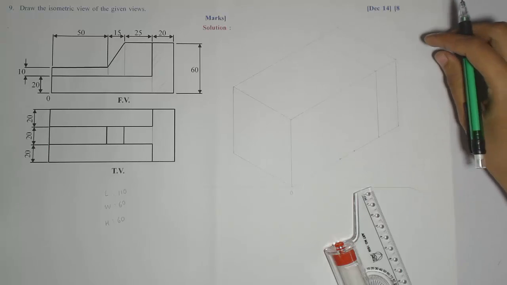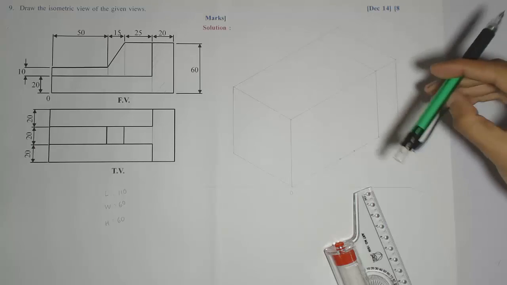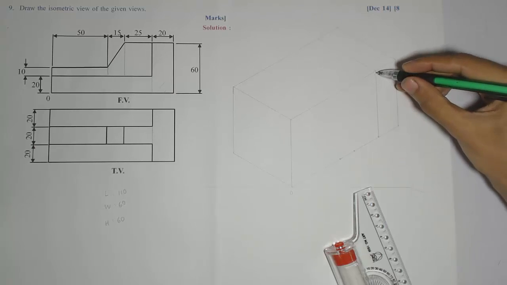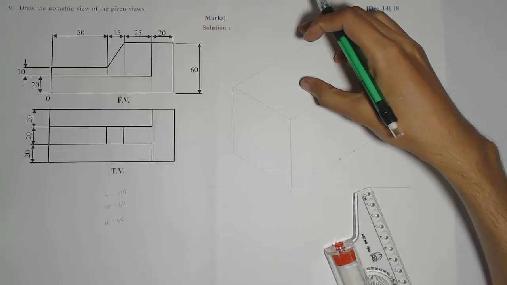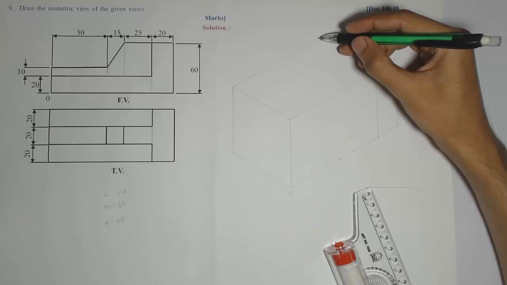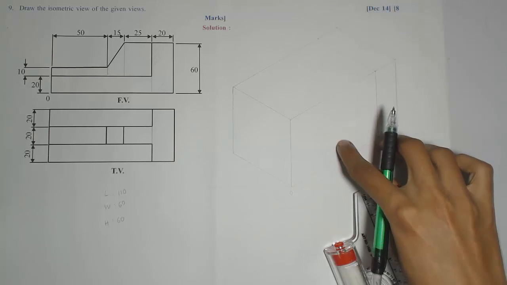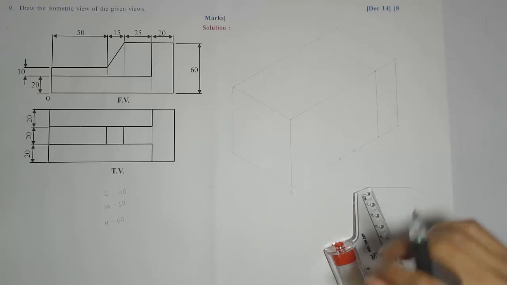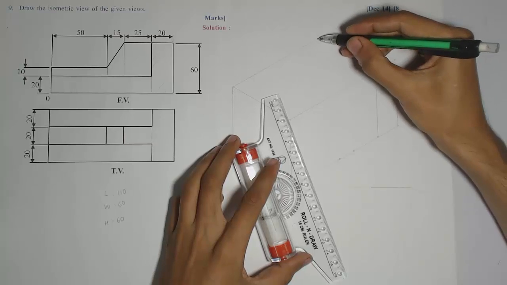Okay, so we will produce now these corners from heights along the widths, and then this corner from width along the height. So we need to produce these corners.